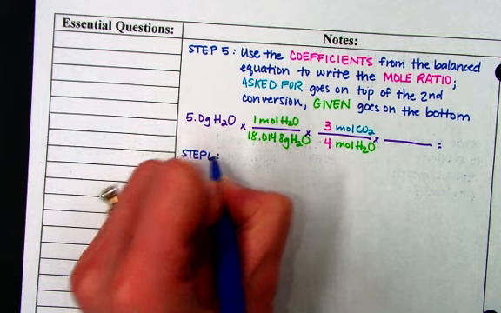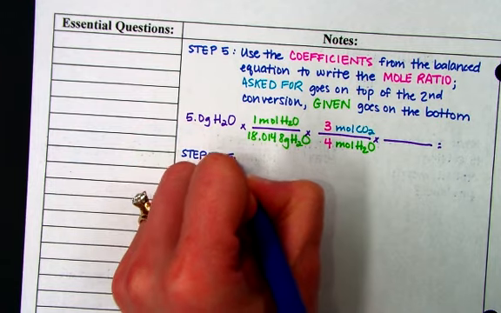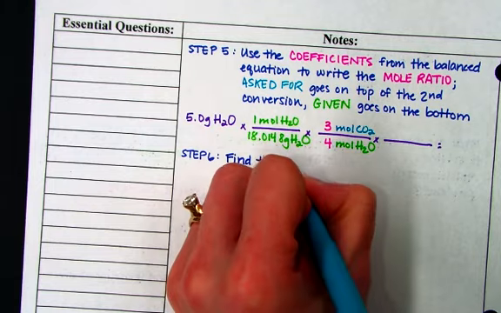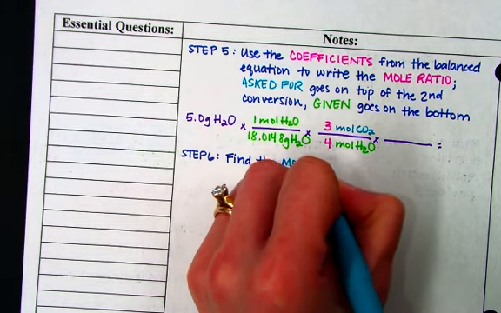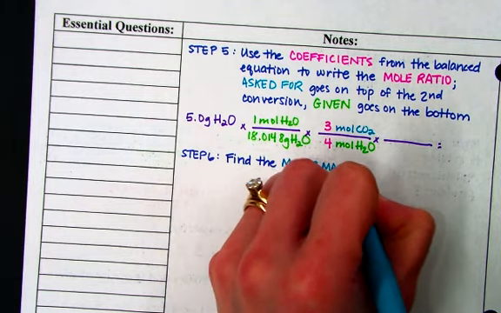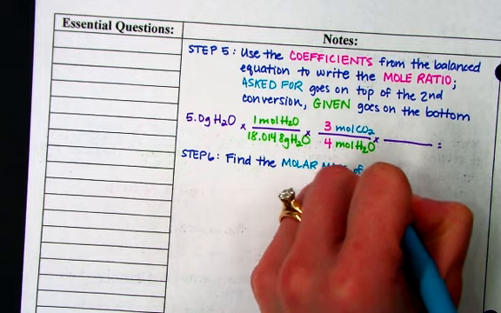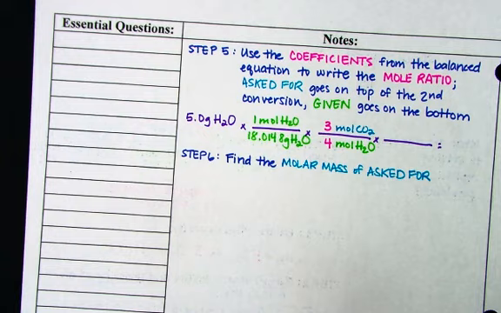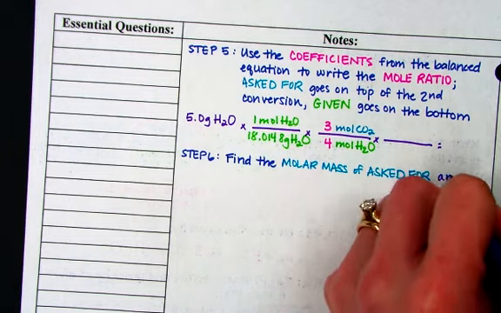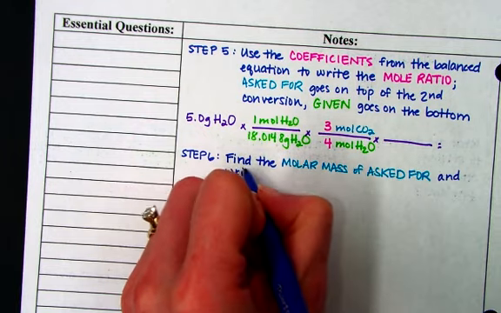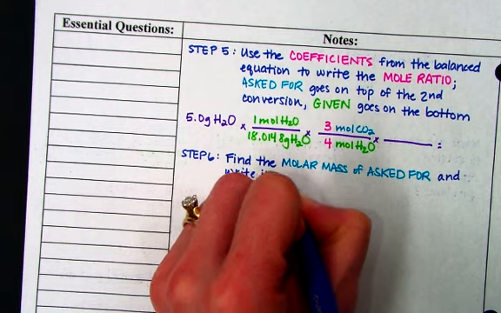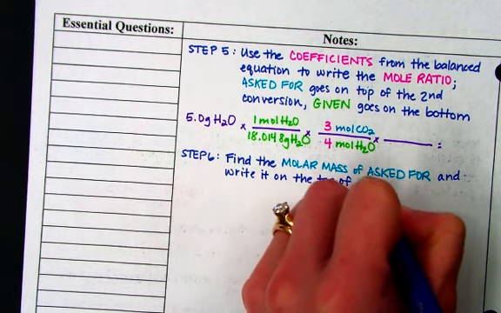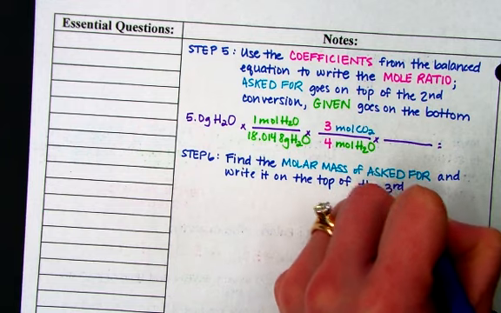Step 6. Find the molar mass of what's asked for and write it on the top of the third conversion.